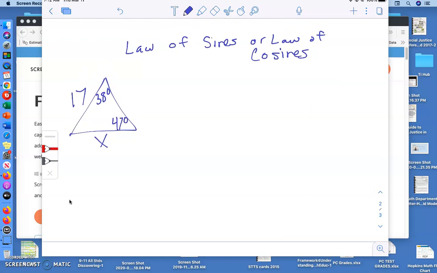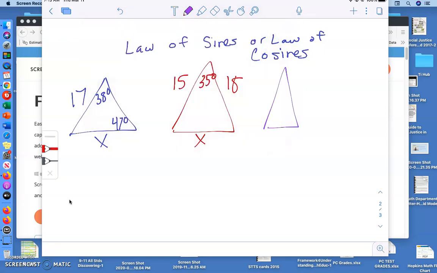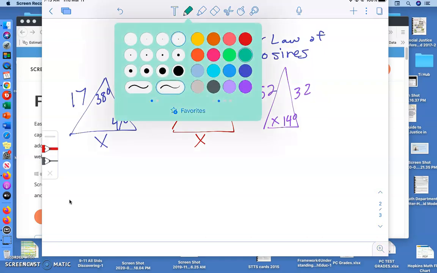And so these are all going to be non-right triangles. And none of them are going to be drawn to scale here. Keep that in mind.